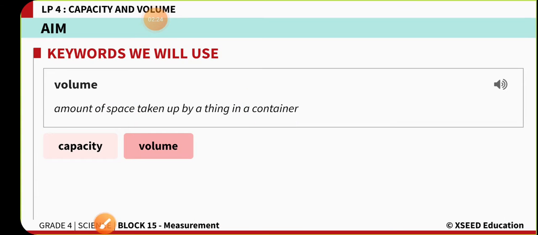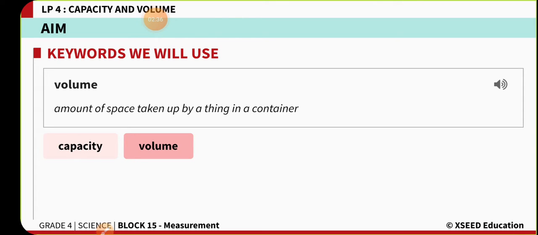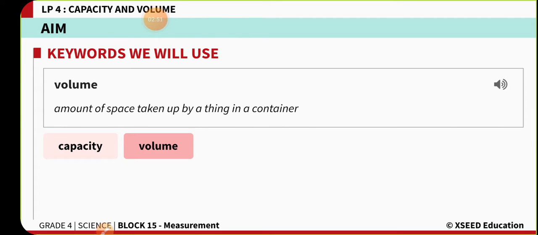So the word capacity is saying how much a container can hold, the maximum that a container can hold, it's called your capacity. And volume means the space that is occupied by anything in a container, it's called the volume. Capacity: amount of something that a container can hold. Volume: amount of space taken up by a thing in a container.